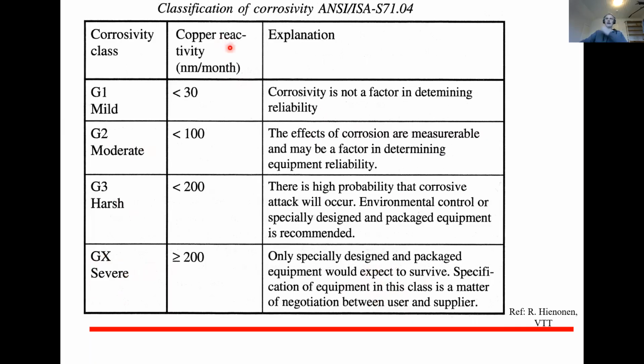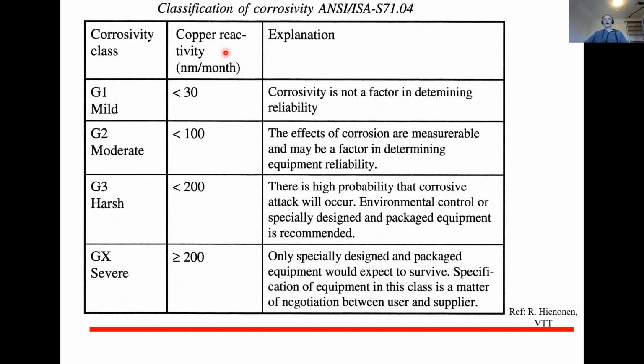And this is just kind of an indicative way of explaining how reactive these conditions are. So it is based on copper reactivity. So how much copper is consumed to reactions in these kind of conditions. So how many nanometers per month copper surface is reacting.